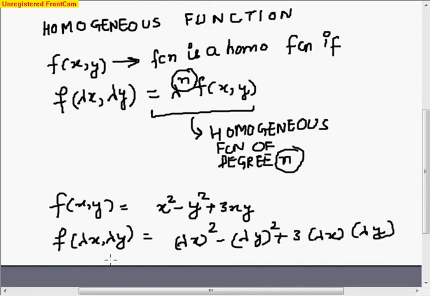This is equal to lambda square times (x square minus y square plus 3xy), that is equal to lambda square f(x, y). So this is a homogeneous function of degree 2, because here we are getting 2. So this example is a homogeneous function of degree 2.